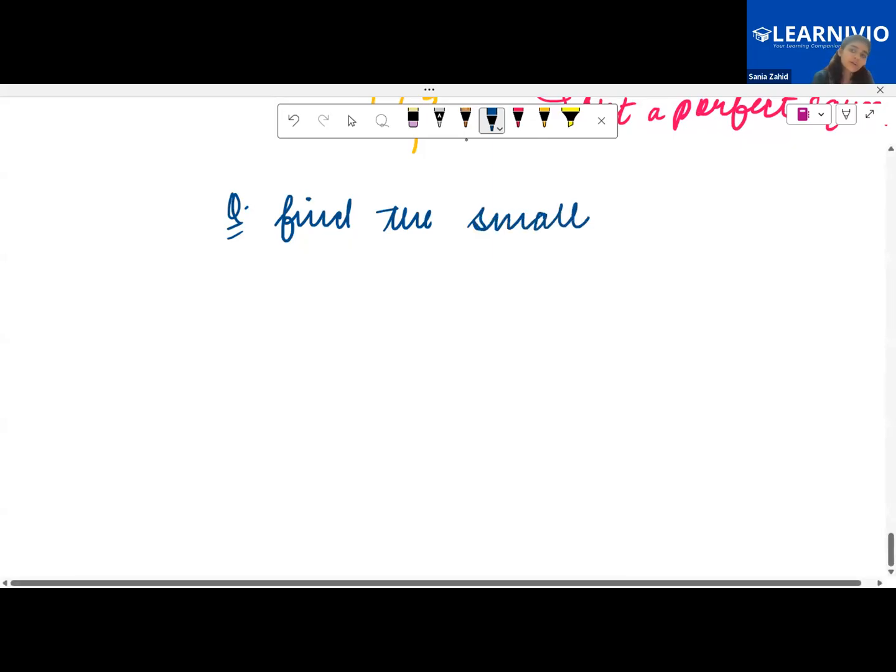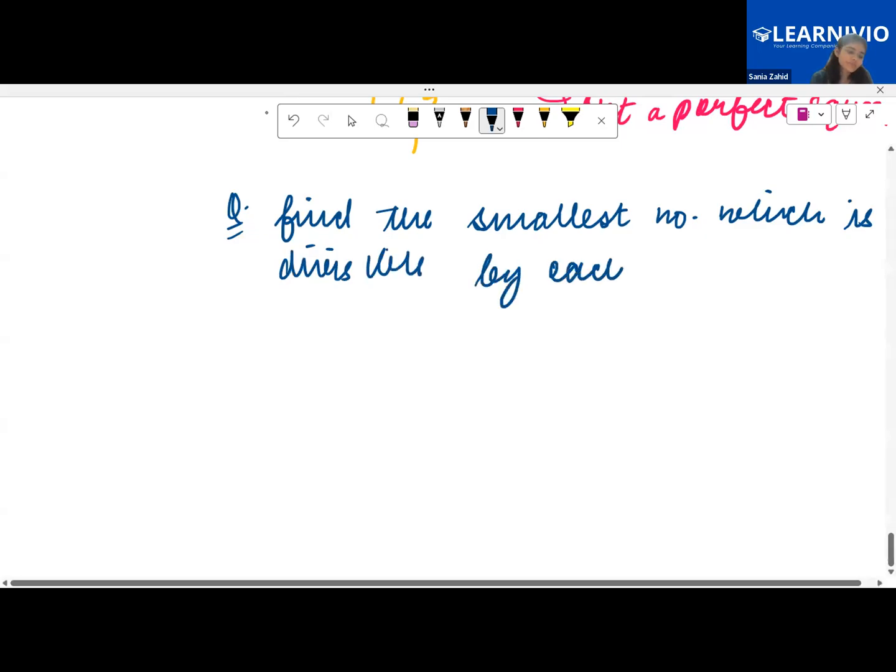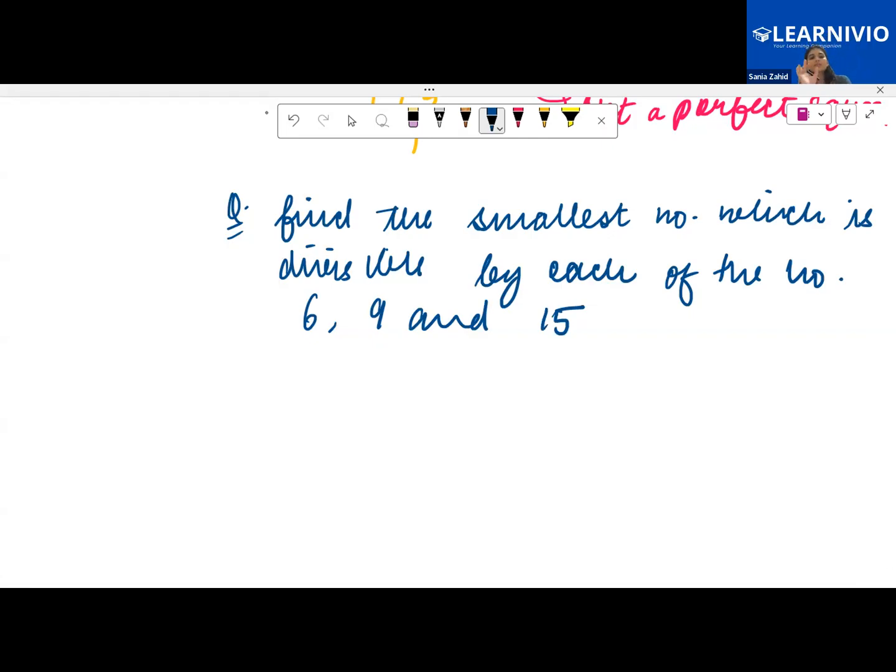Find the smallest number which is divisible by... okay, so you have to find the smallest square number which is divisible by all of these numbers like 6, 9 and 15. Okay, do this. You have 5 minutes for this.